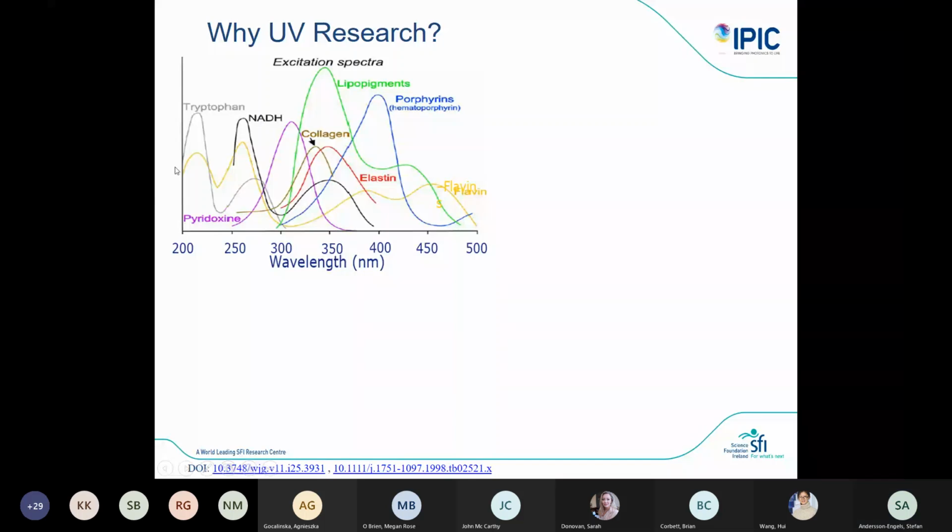You will have more nuclear stuff that you could also use to excite. So what we're trying to do in our research is to differentiate. When we get some fluorescence spectra or diffuse reflectance spectra, we're trying to extract these types of molecules and see whether we can measure the concentration of them.